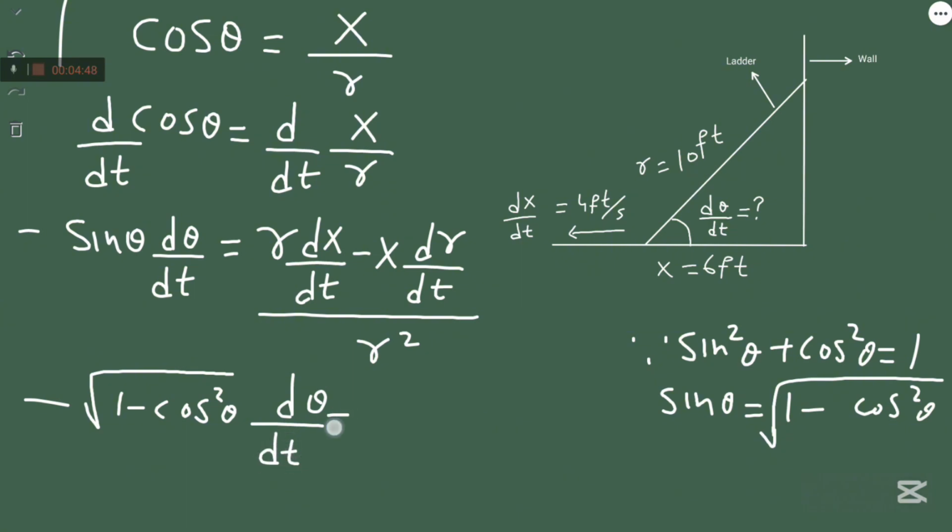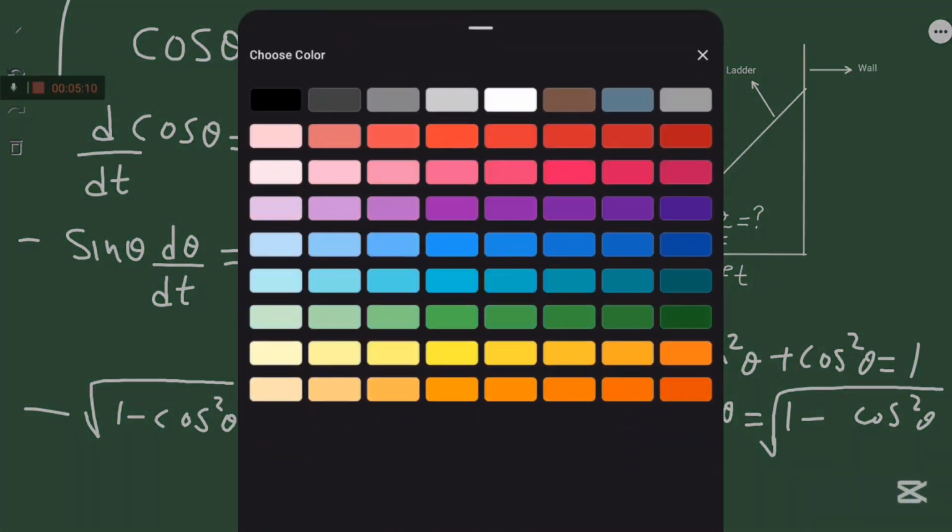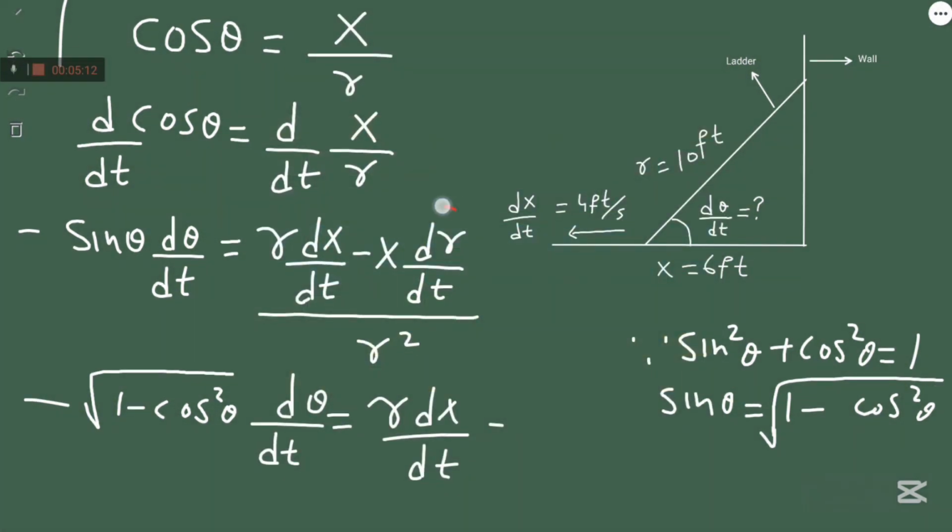Equal to, and if I look in the equation, r dx by dt is okay. Then minus, I can see this one, dr by dt is actually 0 because the ladder length is constant.